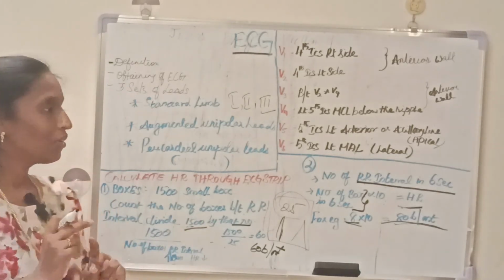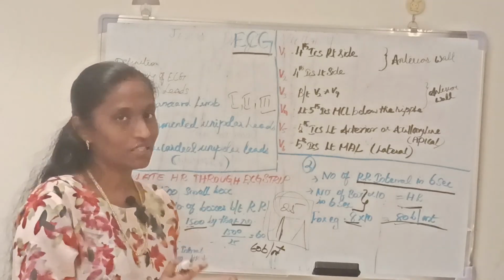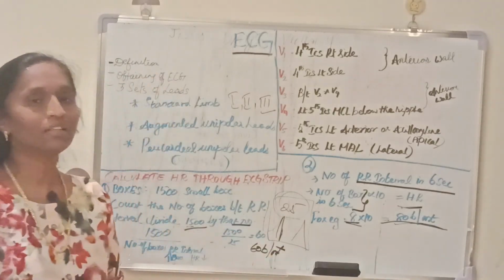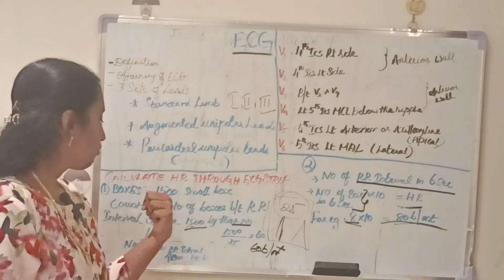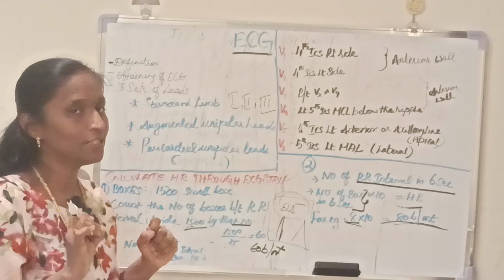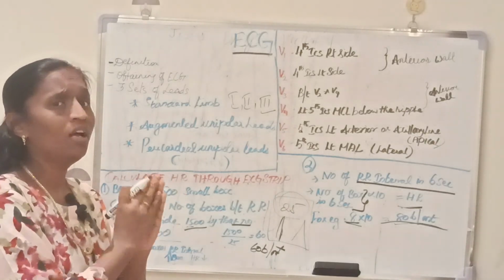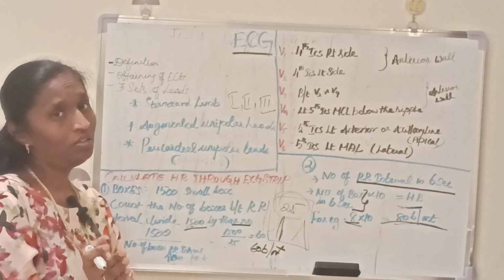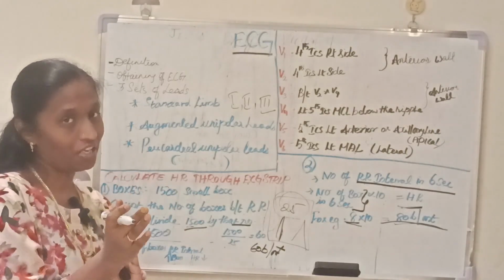Two methods: the first is calculating with the help of the boxes, and the second is calculating with the help of the RR interval. In the first method, there are 1,500 small boxes in an ECG strip, and we count the boxes between the RR interval, which is 25.